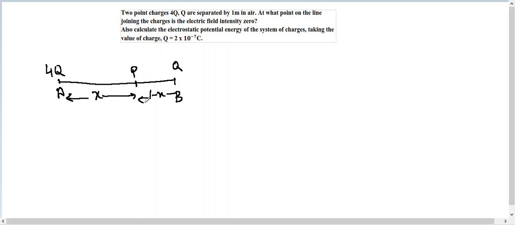Okay. So now the electric field at P due to 4Q is equal to the electric field at P due to Q. So let me write down that E at P due to 4Q is equal to the electric field at P due to Q. The formula for the electric field is E = KQ/r².